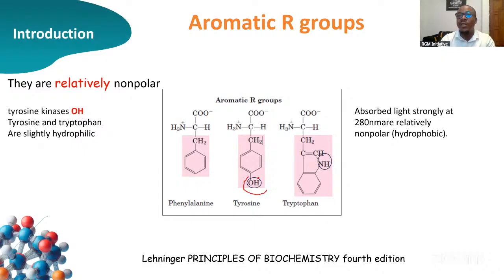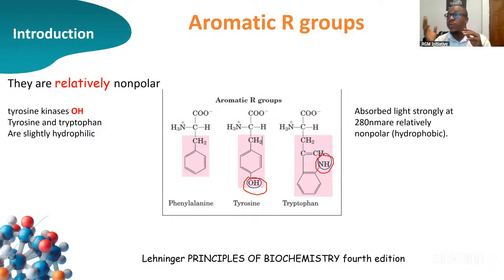In fact, we call this hydroxyphenylalanine, otherwise known as tyrosine. We have tryptophan, where you can see the NH group here, which confers a little hydrophilicity to these molecules. So they are aromatic because they have a benzene ring attached to them.